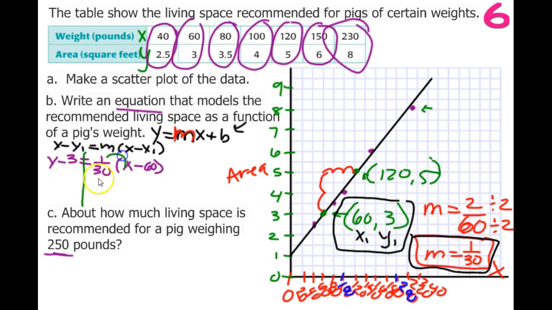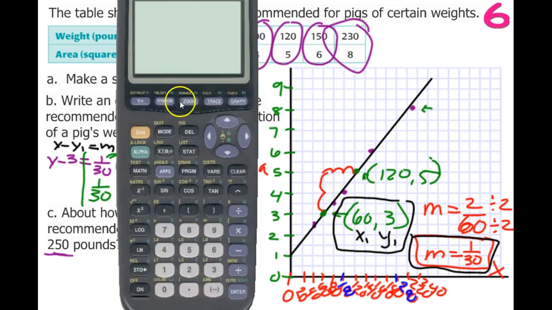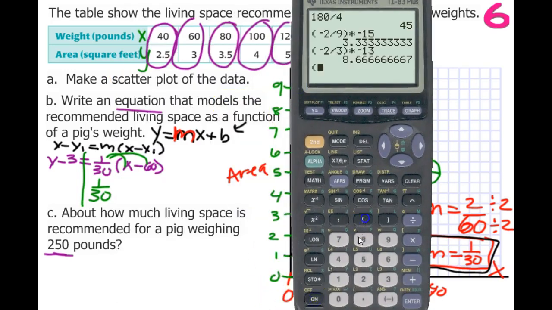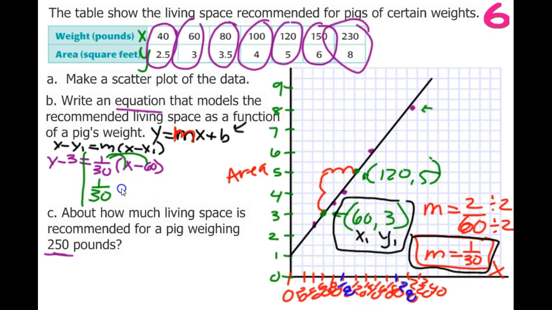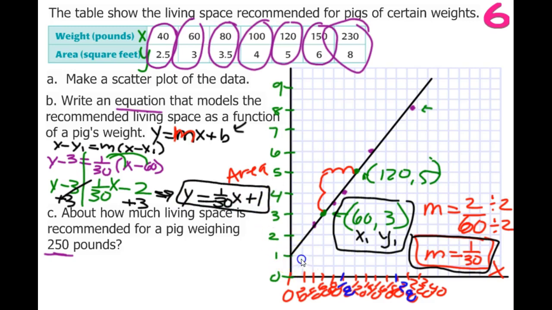So if I distribute this, 1/30 times x, and 1/30 times negative 60, I'm going to type that in, 1 divided by 30 times negative 60 gives me, oh nice, a negative 2. And then we want y by itself, so I'm going to add 3 on both sides. And we get y equals 1 over 30x, and negative 2 plus 3 is a positive 1. And that makes sense because my line crosses almost at exactly 1.